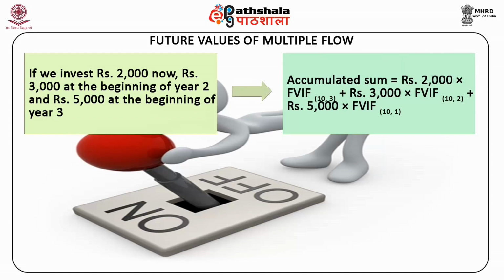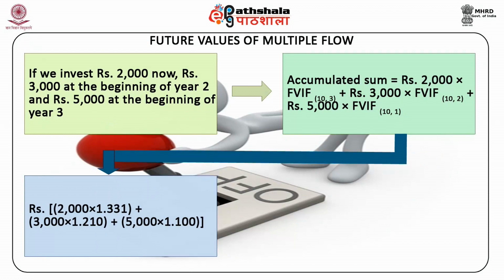Accumulated sum is equal to 2000 multiplied by FVIF 10,3 plus 3000 multiplied by FVIF 10,2 plus 5000 multiplied by FVIF 10,1, which can be simplified to 2000 into 1.331 plus 3000 into 1.210 plus 5000 into 1.100.